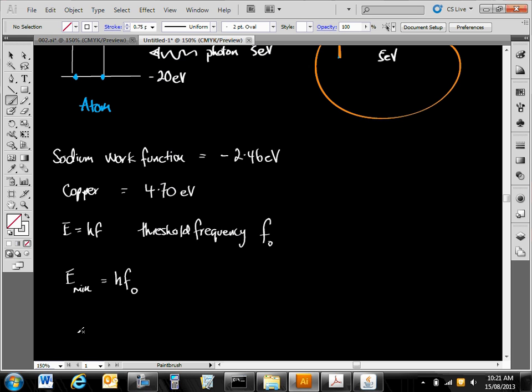And from our definition of the work function, the minimum energy is also equal to the work function of a particular material, so this depends on the material.